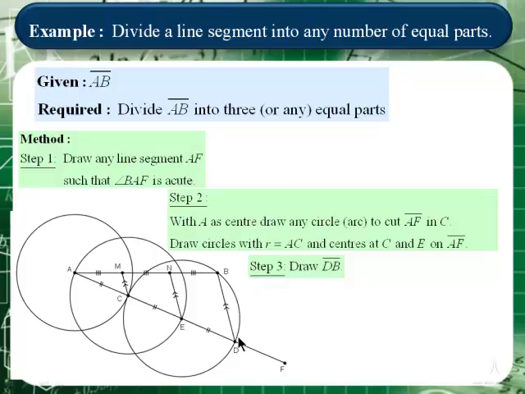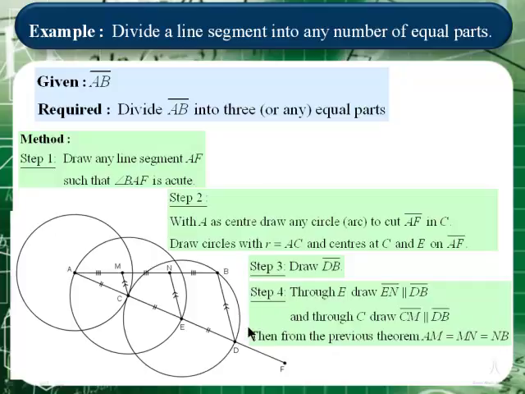So then in a third step, we connect point D with point B, and then through E we draw a line segment parallel to DB, and through C we draw a line segment parallel to DB to obtain the point M. There we've obtained the point N. Then what do we know?